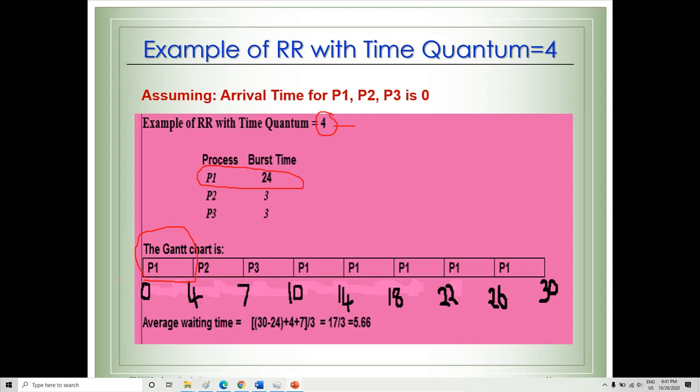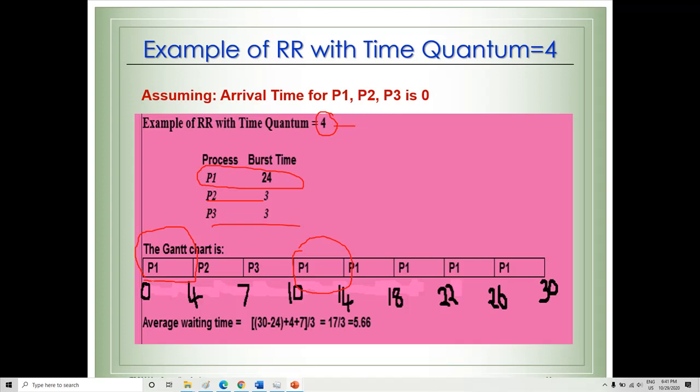So when P1 gets its first chance, it holds the CPU for 4 milliseconds. Then the other processes get the CPU, and P1 gets a chance again.